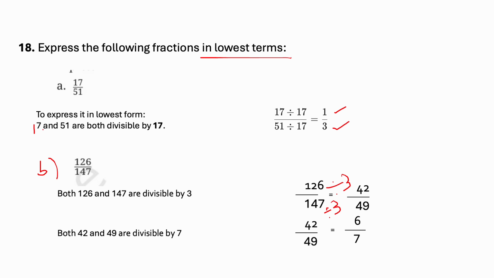See, this divided by 7. 42 by 7 is 6, 6 sevens are 42. 49 divided by 7 is 7. So here lowest form is 6 by 7. So lowest form of 17 by 51 is 1 by 3 and lowest form of 126 by 147 is 6 by 7.